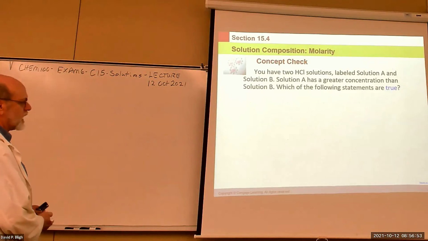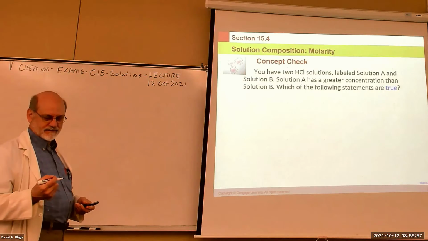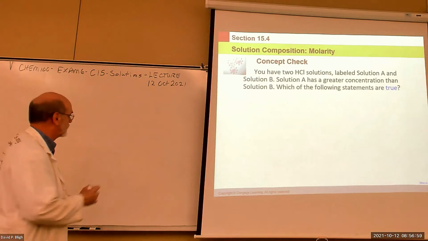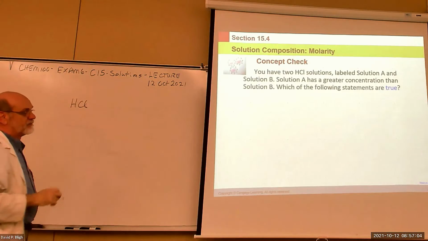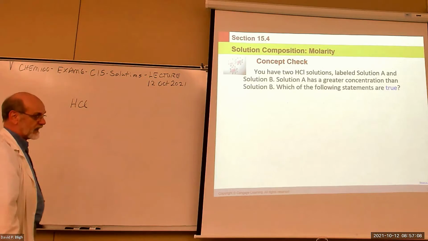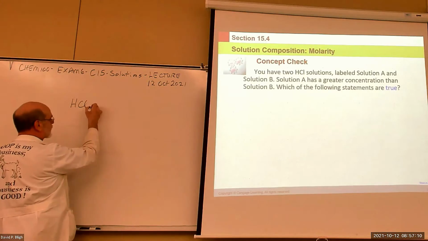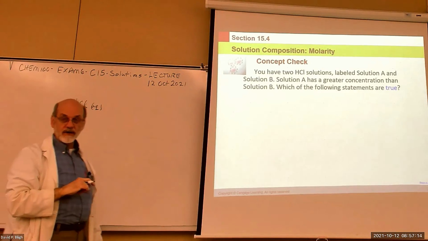Okay, so we have two HCl solutions. All right, remember our nomenclature? HCl. Now I'm assuming that these are aqueous solutions. They don't have to be, but for the sake of argument, if they were aqueous solutions, we'd call that hydrochloric acid.